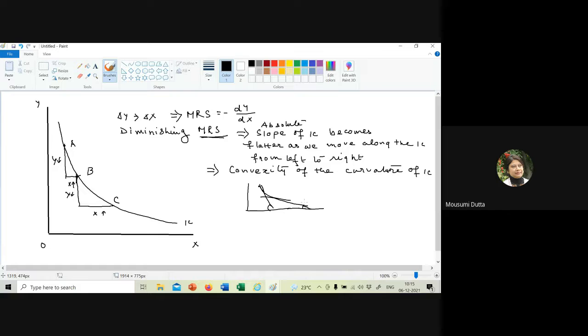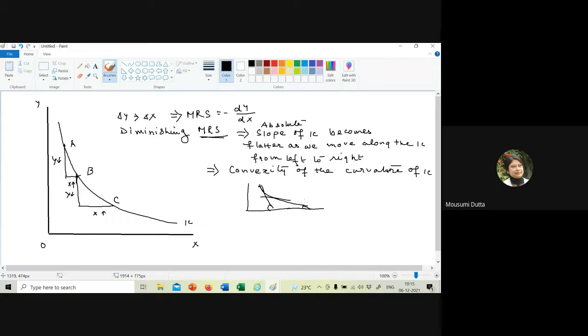So first we are putting a negatively sloped continuous locus that we are calling the indifference curve. Then we are finding that along the curve, if I move from left to right, I have to give up one commodity if I want to increase the other commodity. As we are leaving some units of Y, what amount of X we need to compensate the loss and stay on the same indifference curve, that is giving the idea of MRS, marginal rate of substitution.